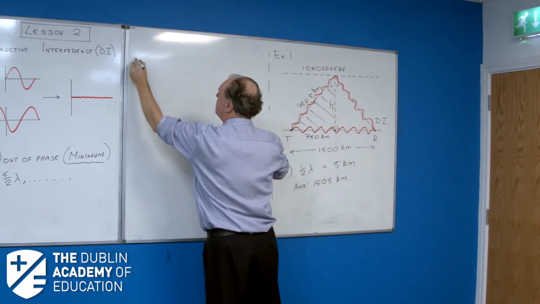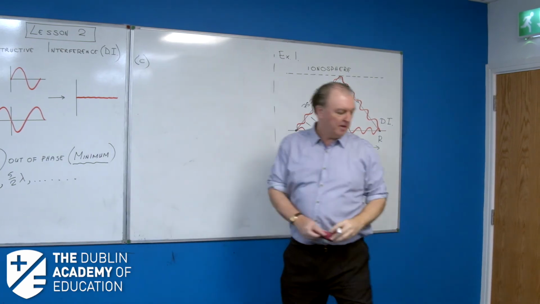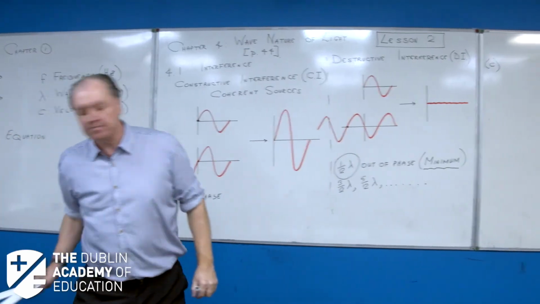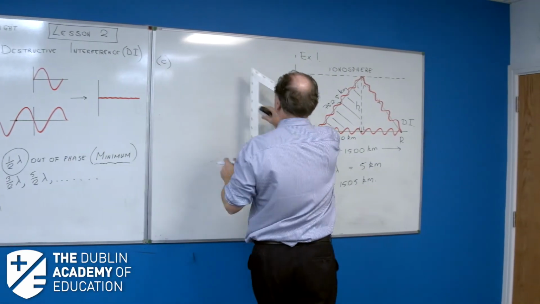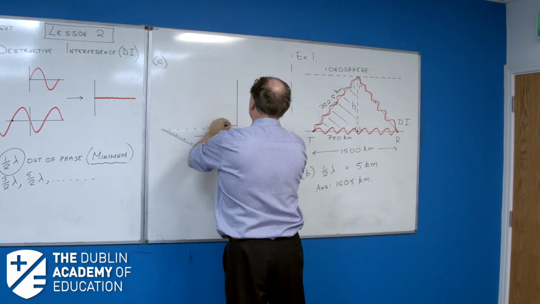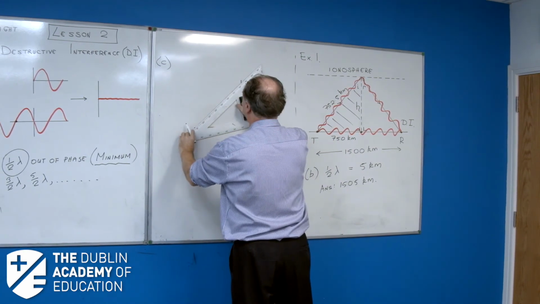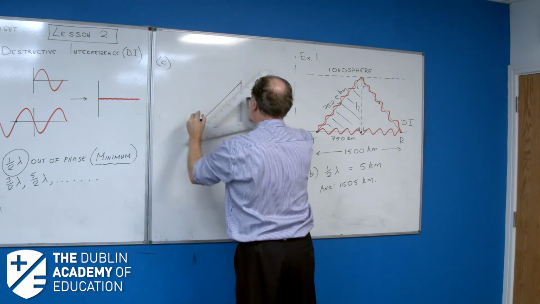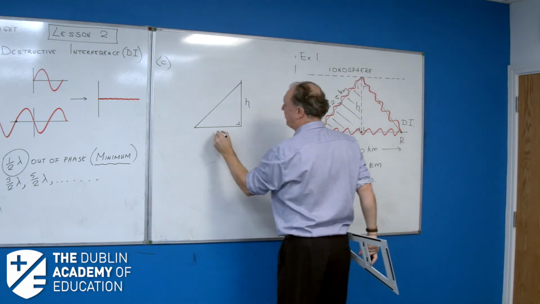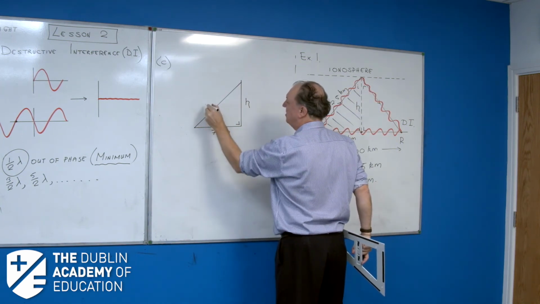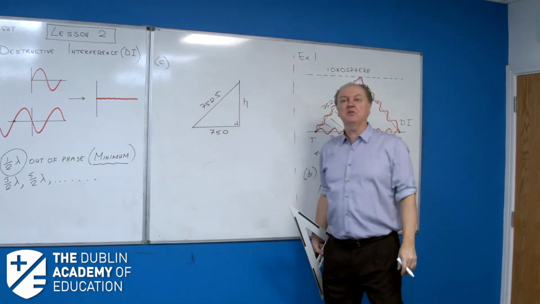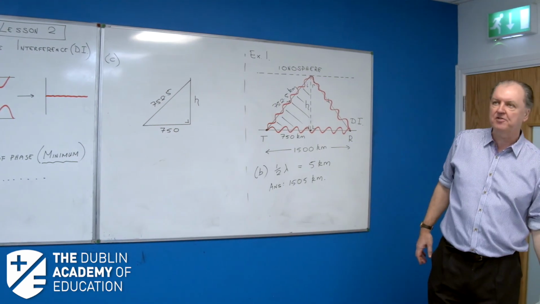So for part C, I could draw out that particular triangle. There's the height h. The base of the triangle is 750 kilometers, and this is 752.5 kilometers. So now you're just going to apply Pythagoras to that.